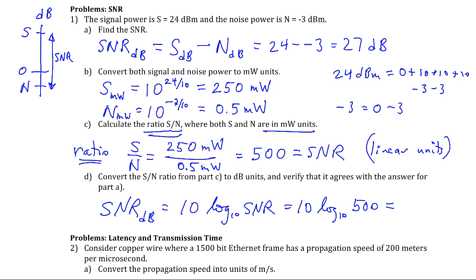We say that 500 is 1,000 divided by 2. And so we had 30 decibels minus 3. The 1000 is the 30 decibels. Dividing by 2 is subtracting 3, and I get 27 dB. And again, I recommend you type this in on your calculator to make sure that you get 27 dB.